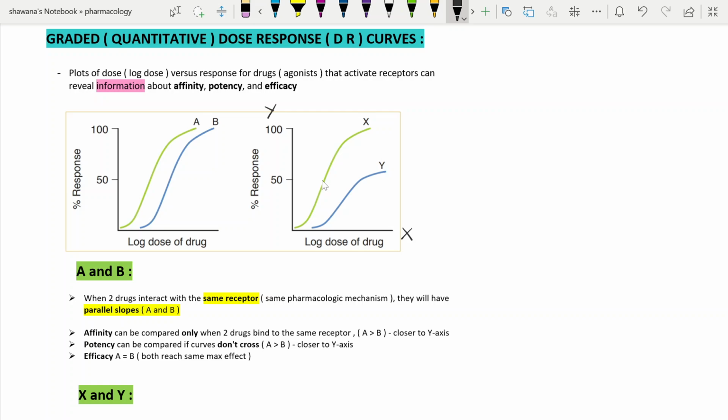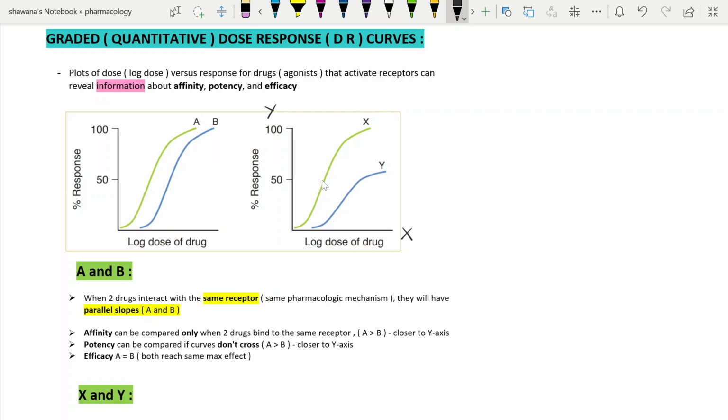Potency is defined as the ability of the drug to have a particular response at a particular dosage, okay? For example, if drug A at low dosage has a maximum effect and drug B at higher dosage has the same effect, then drug A is more potent than drug B. And the rule for the measurement of potency between two drugs is that those two curves shouldn't be crossing each other, okay?